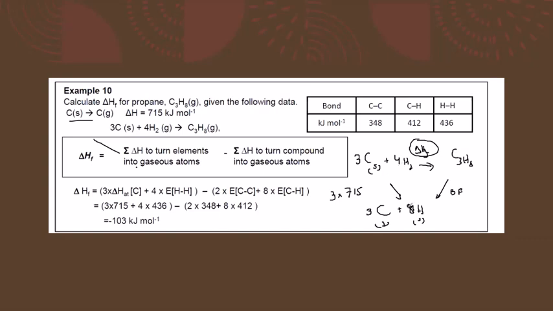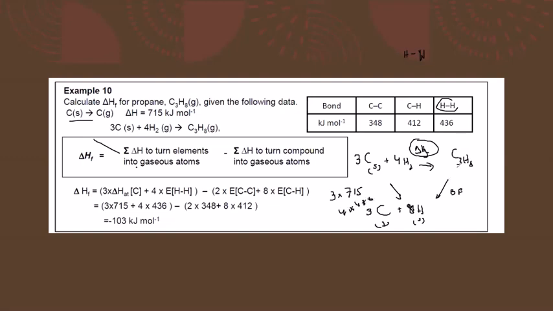Plus, how many moles of bond energy is given for hydrogen? So how many bonds are there in H2? There are 4 molecules, so 4 bonds will be there. So it will be 4 multiplied by 436.